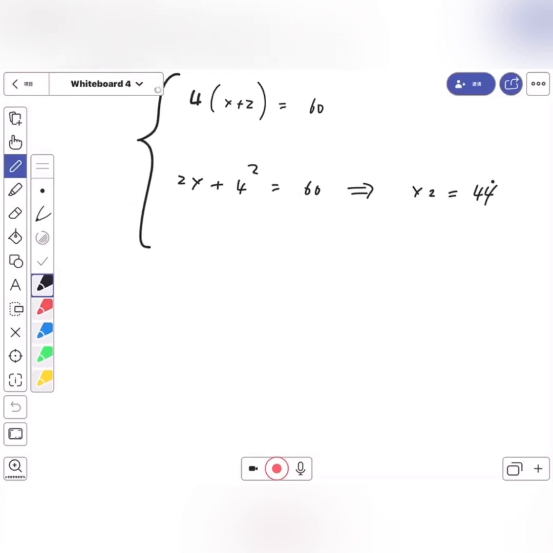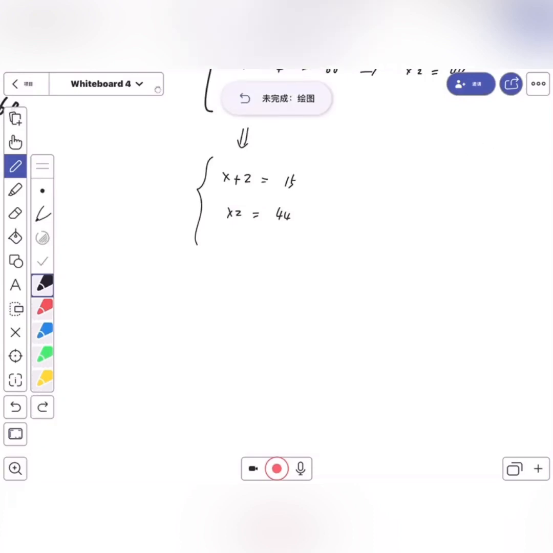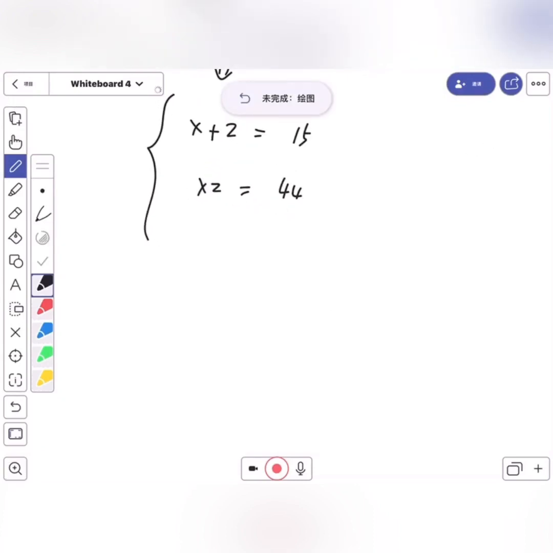Okay, so we have this system, which is x plus z is equal to 15 and xz equal to 44. So from here, we can just use Vieta's formula to get that this is actually the solution to the quadratic x squared minus 15x plus 44 equals 0.